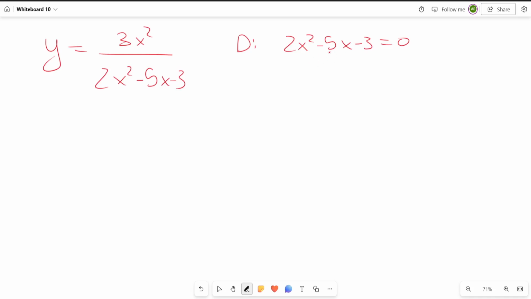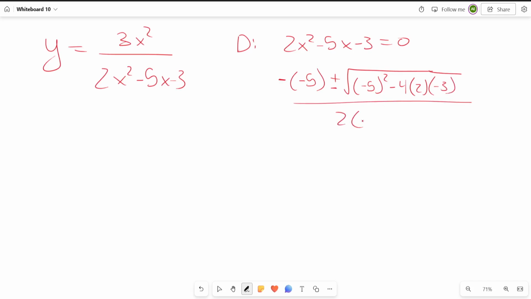So I can solve this using the quadratic formula, which is going to be minus b, so minus negative 5, plus or minus square root of b squared, so minus 5 squared, minus 4 times a, which is 2, times c, which is negative 3, over 2 times a.